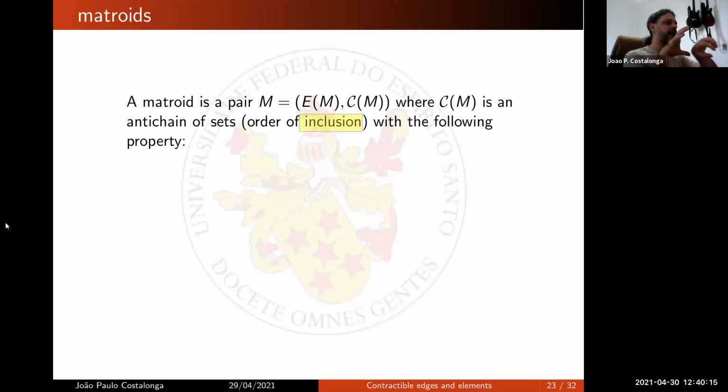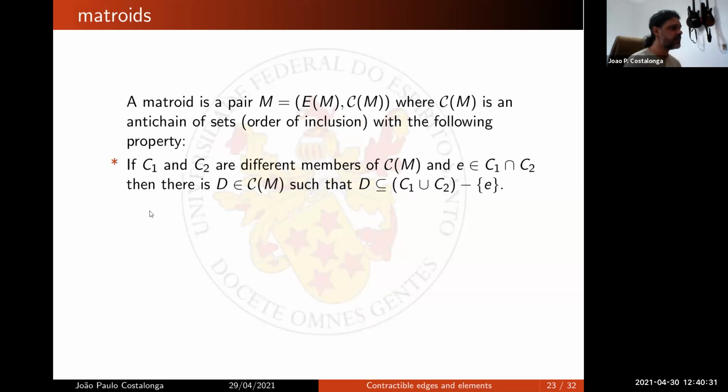If there is a set containing another, they must be equal. These must be non-empty sets, I forgot to say, with the following property. If C1 and C2 are different members of this family, and there is an element in the intersection, then there is an element of this family contained in the union minus this element in the intersection. So this is a matroid.